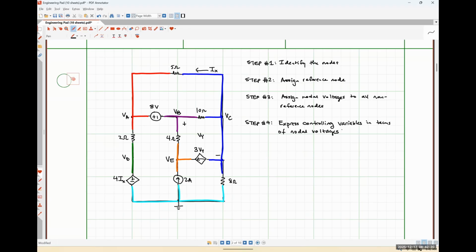So since we have two controlling variables, the current Ix and the voltage Vy, we're going to wind up having two equations here. So let's start with Ix.